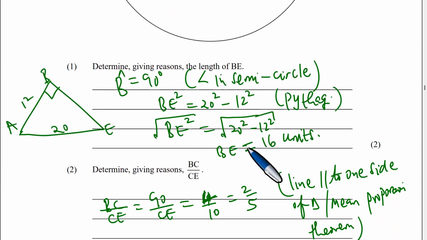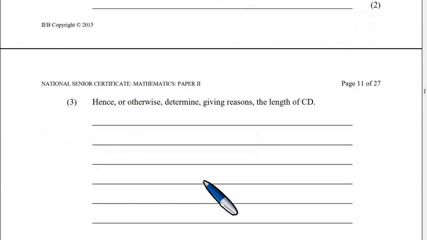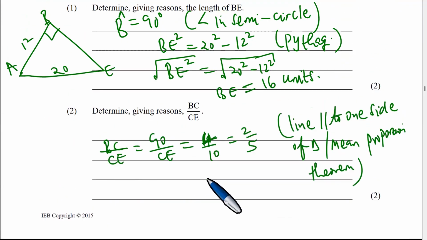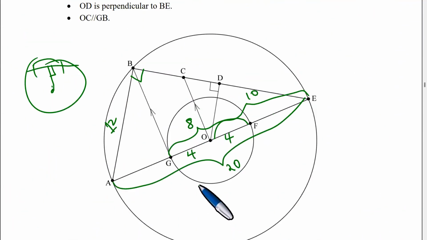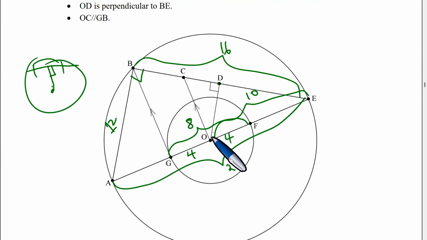Right, here BE is 16, so we need now BD. If BE from here to there is 16, this is a line from the center that is perpendicular to a chord. It must bisect the chord, making this 8 units and that 8 units.